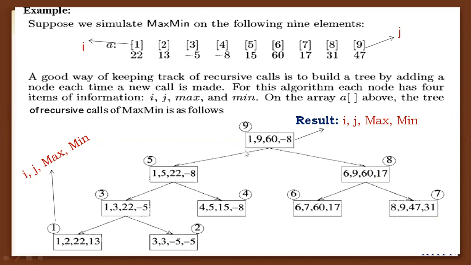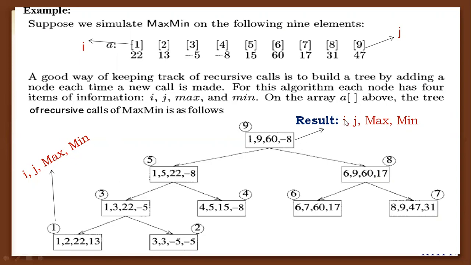In the given node, the first element represents the i value, that is nothing but the first array index value, and j represents the last array index value, which is 9.